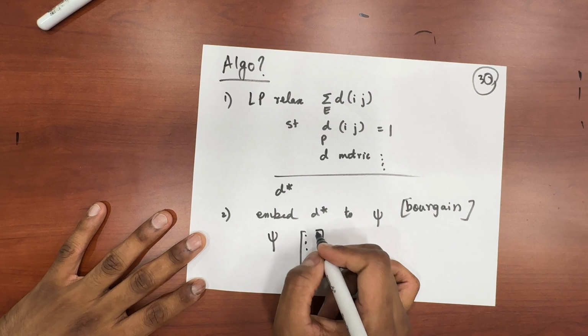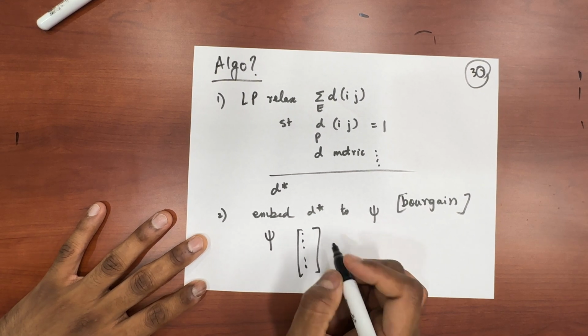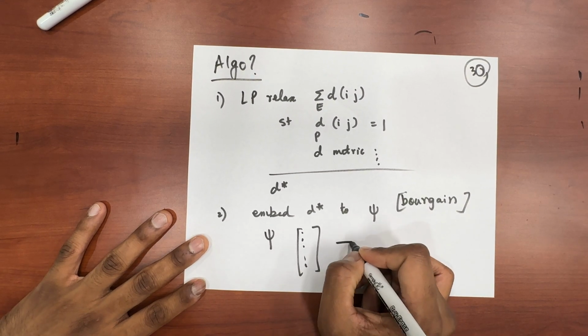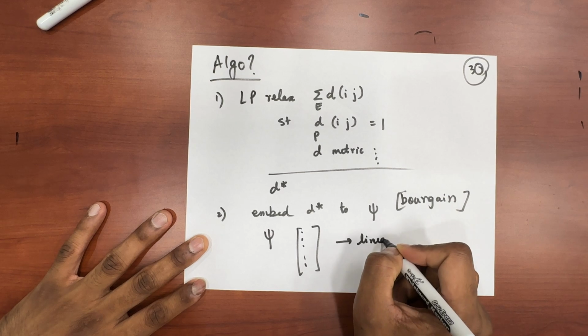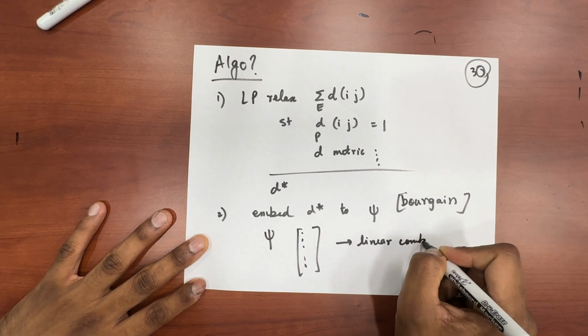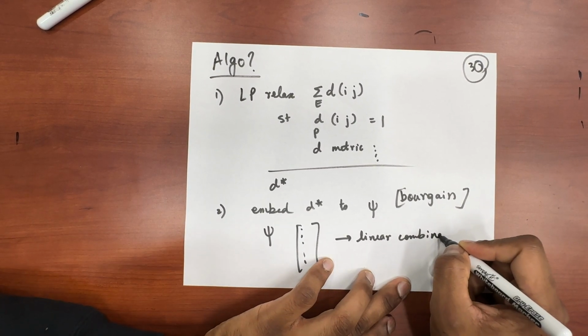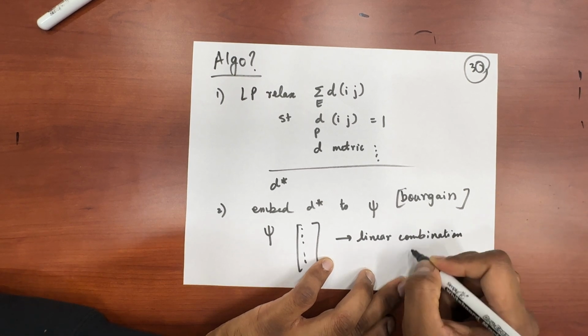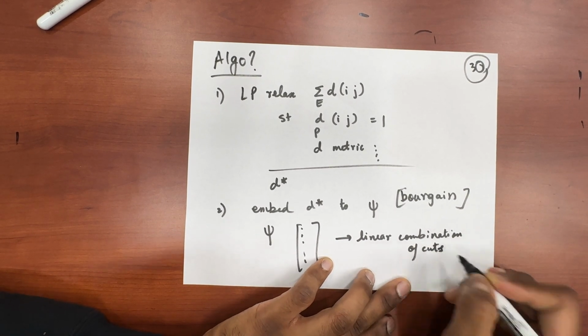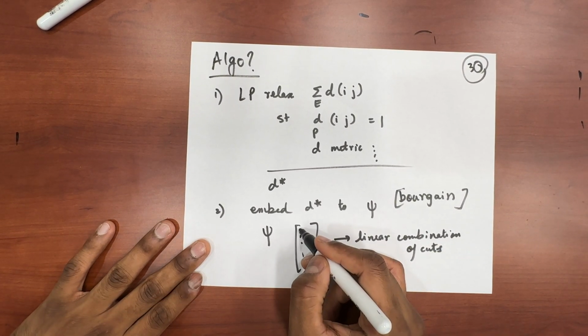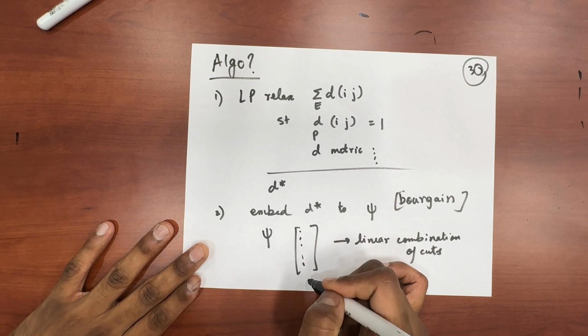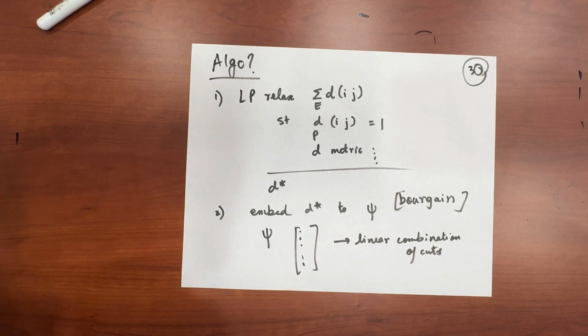dimension. I want to express this as a cut metric, as a linear combination of cuts. How will we do that? Let's say we do that separately for every possible dimension.